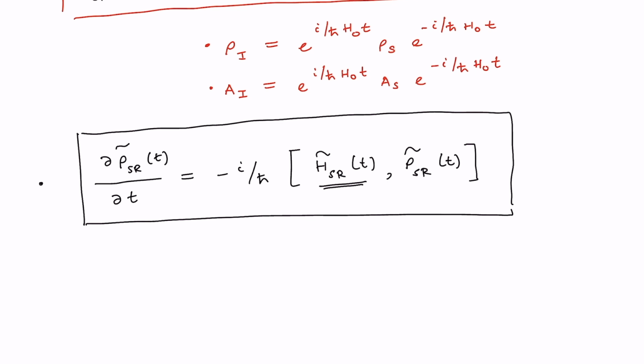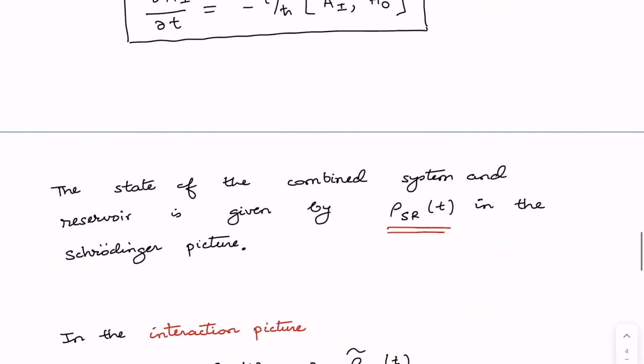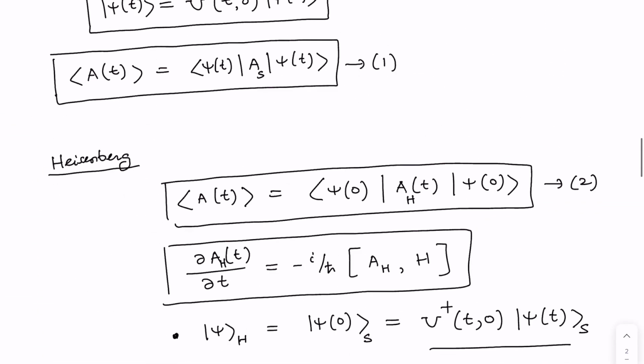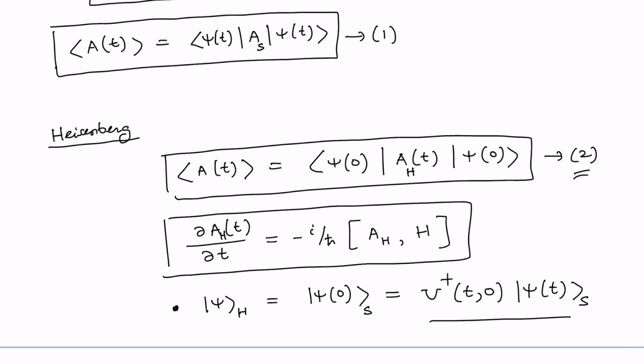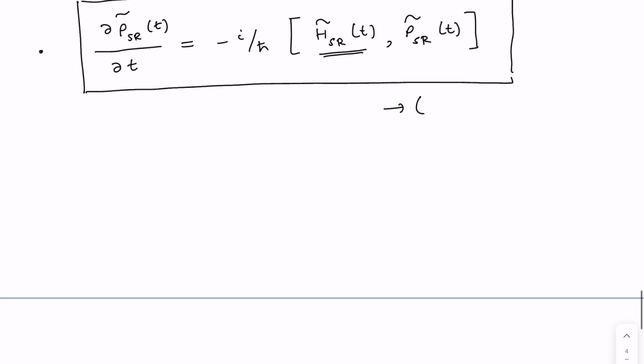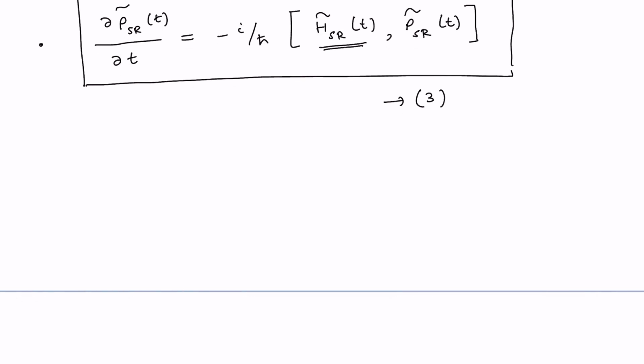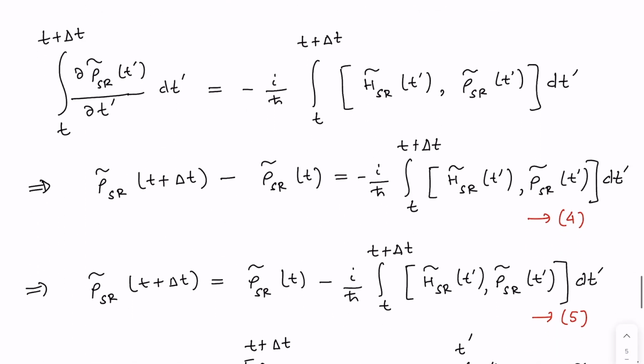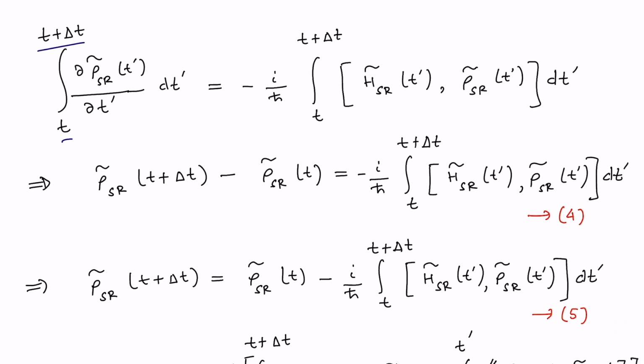Let me name it as equation number 3, since equation number 2 was the previous one we noted. Now let us integrate equation number 3 from time t to t plus delta t on both sides. On the left hand side you are going to get this expression, and on the right hand side I'm keeping it as it is.